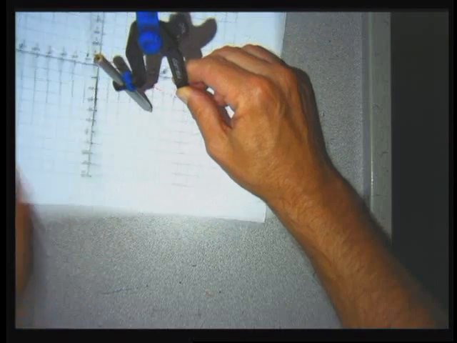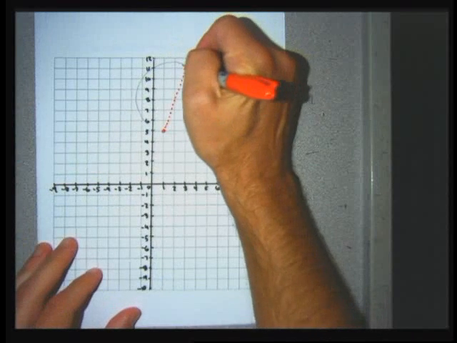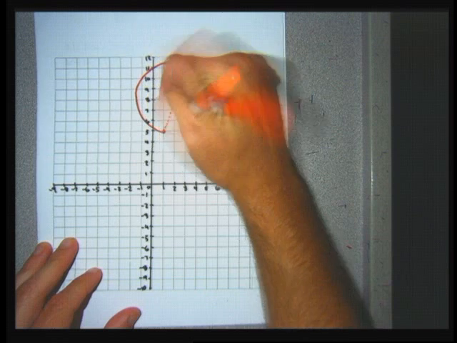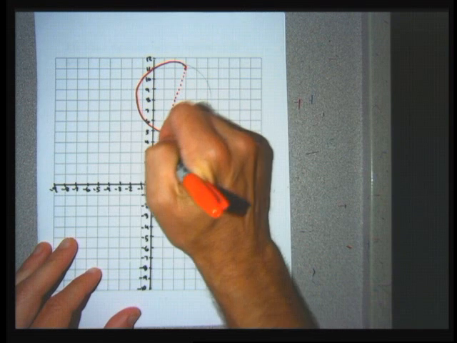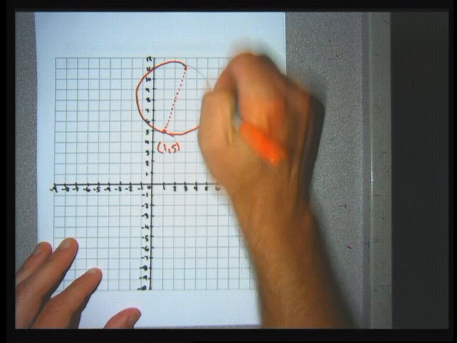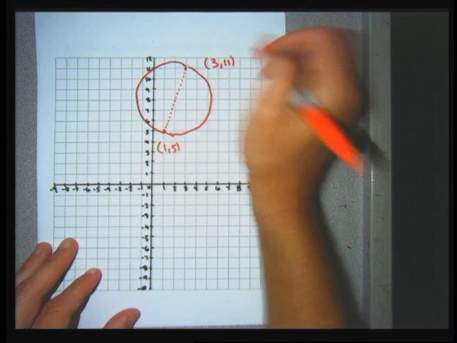So the picture that's being described here is more or less that picture. This is a circle, more or less, that has those points, (1, 5) and (3, 11), as a diameter.